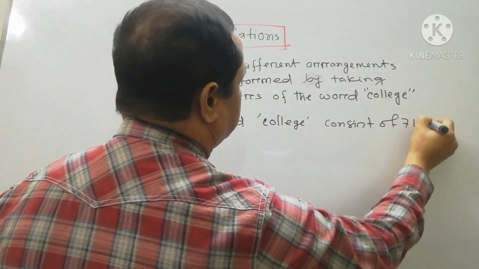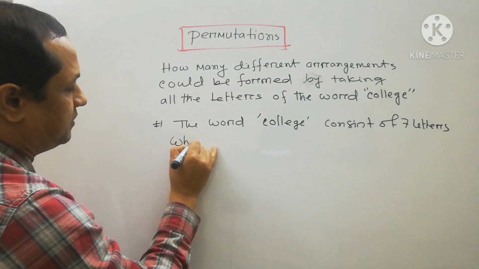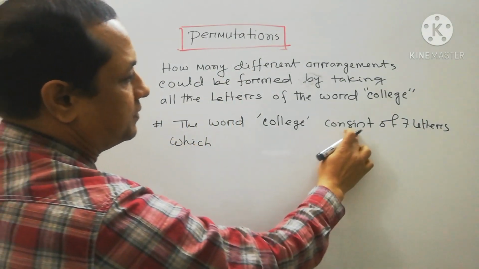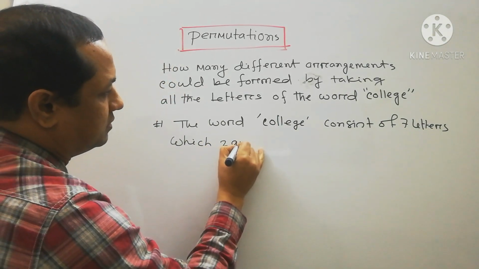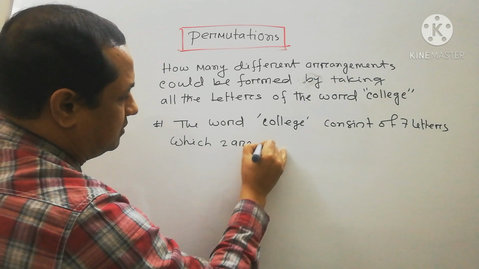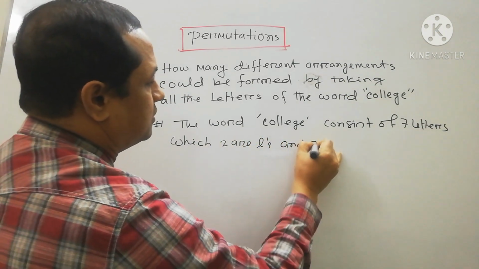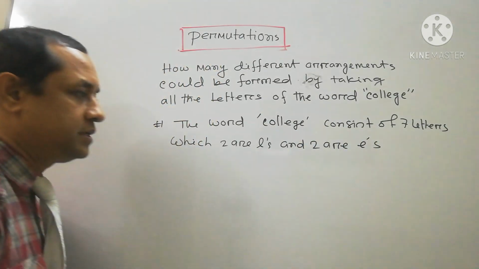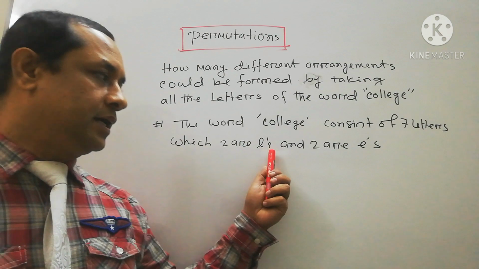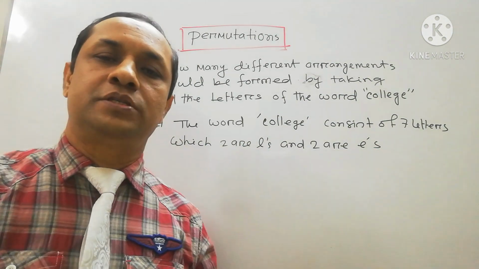Of which 2 are L's and 2 are E's. So students, here 2 are L and 2 are E's, so all letters are not different.